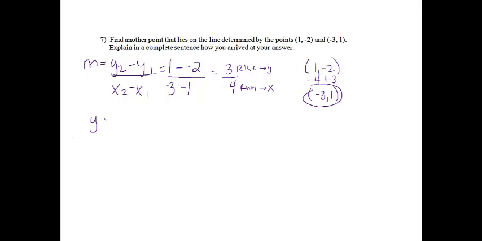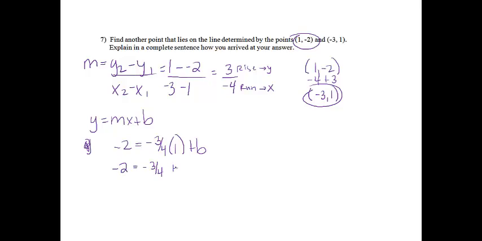Another way of doing that, we could have actually found an equation, y equals mx plus b, and we knew that the slope was -3/4, and I'm just going to pick a point. Let's say I picked (1, -2). My y value is -2. My m was -3/4. My x is 1 in this case, and then I'll be trying to find my b. So I'll get -2 equals -3/4 plus b.